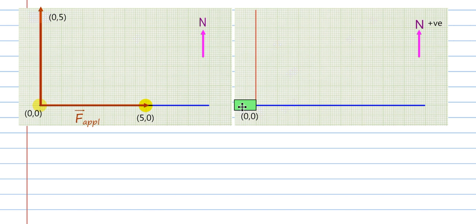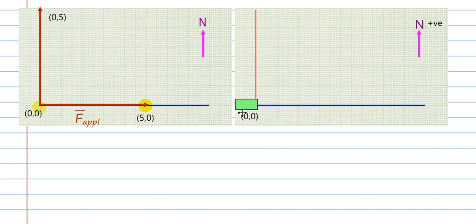So now ask yourself, what do you think would be the effect on this object if we applied the force vector in this direction to the east and a push of the force vector to the north? If we applied those two forces simultaneously on this object, what do you think would be the behavior?